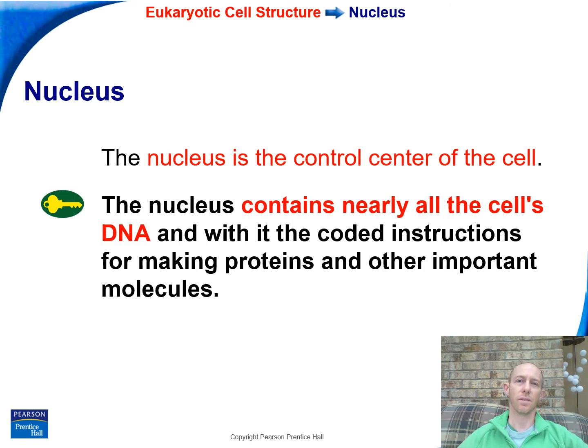So DNA, we've explored this a lot. It is the molecule that determines everything about you and about every organism. The nucleus contains that, so therefore is the control center. When we're done with this, I'll explore some analogies to help make sense of this. There you go, nucleus.